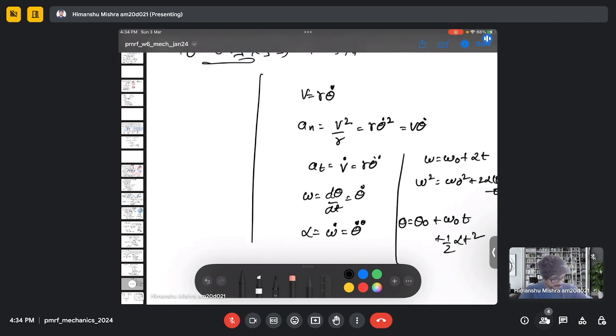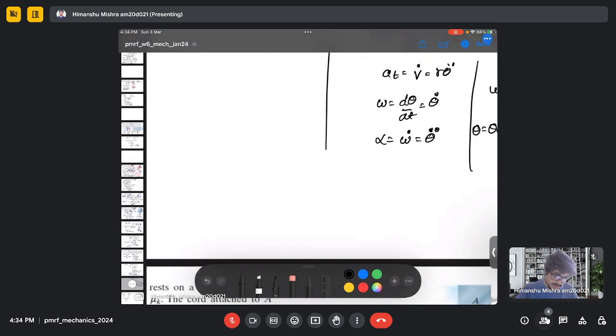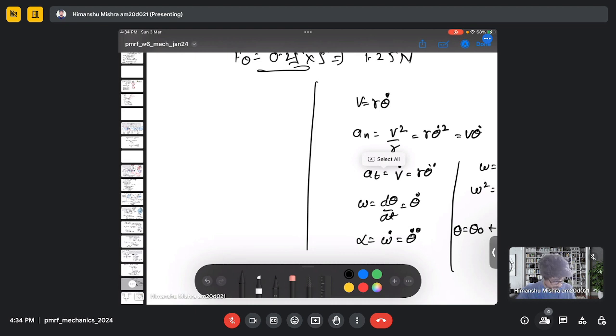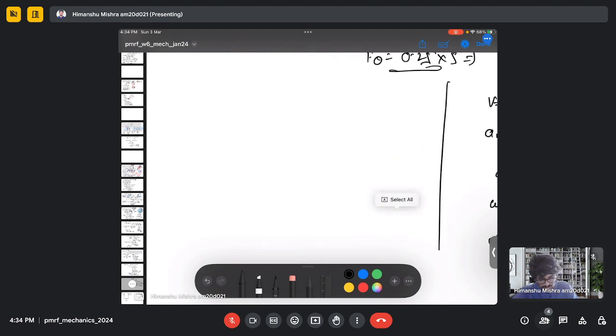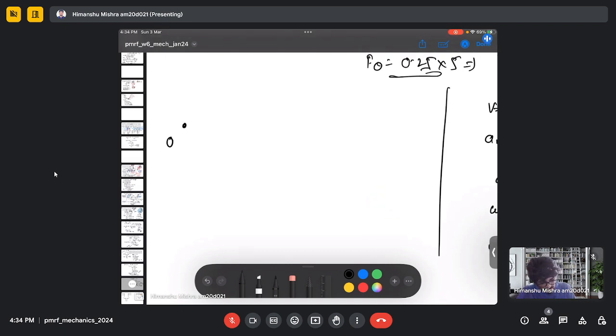So now our objective is to write these expressions in terms of vector quantities, which will be helpful in solving three-dimensional problems. So let's say I have a given point O, and there is an angular velocity.